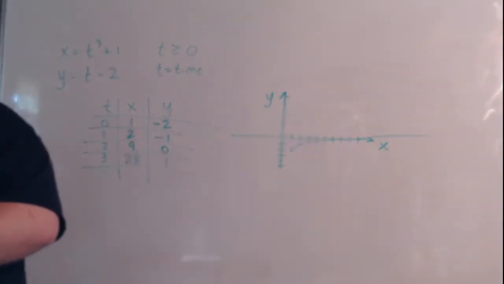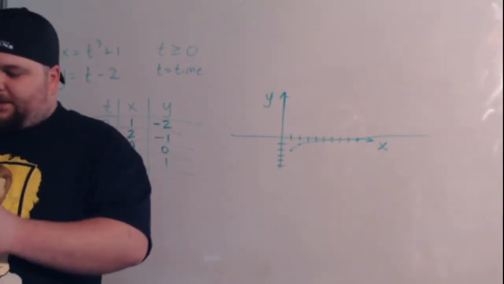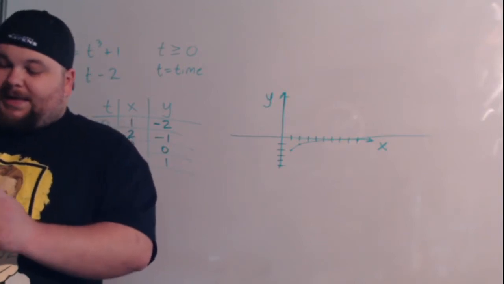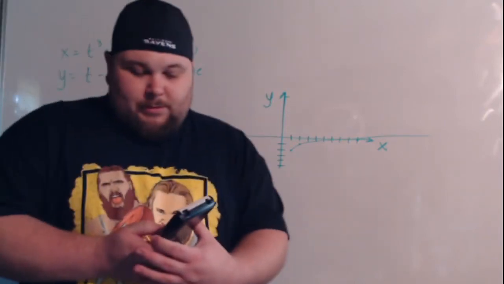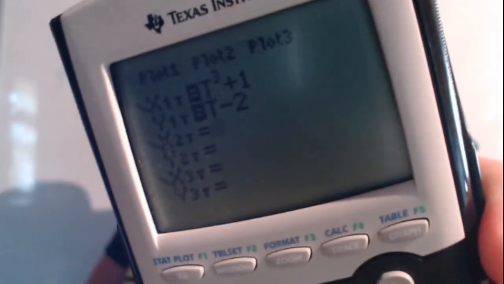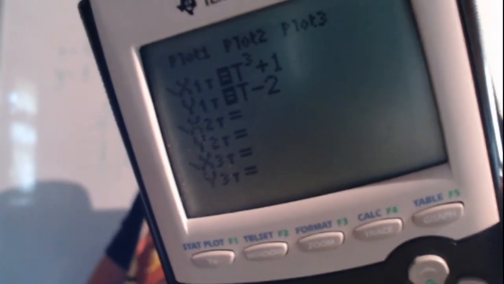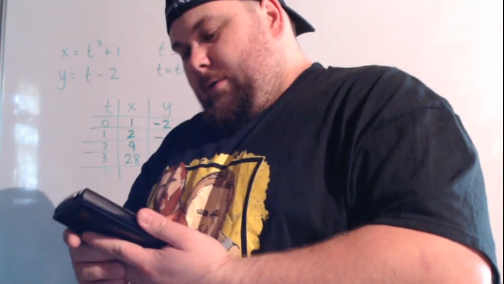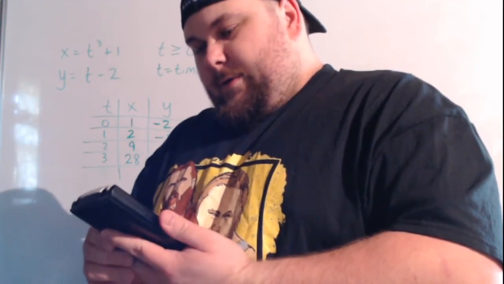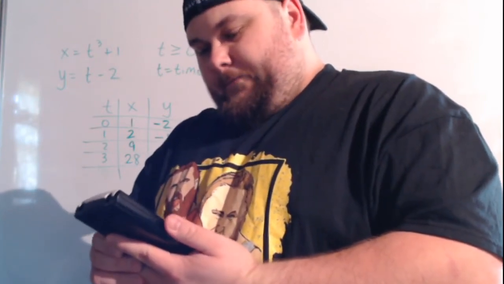Once you put it into parametric, it knows that you're going to put in, if you go to y equals, you'll see it tells you to put in an x and a y equation. And I already have them in there: t cubed plus 1 and t minus 2. If I made my window standard, I'm going to change x to start at 0, because we don't need negative x's here.